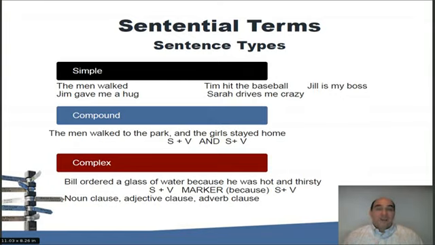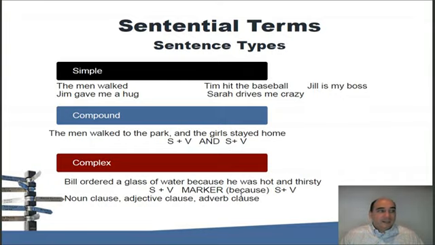So one thing that you want to recognize: you've got a main sentence, and then subordinated to it, connected to it, you have a clause. And it's connected by some kind of a marker, like the word because, or while, or when. There can be time markers. There can be reason markers.